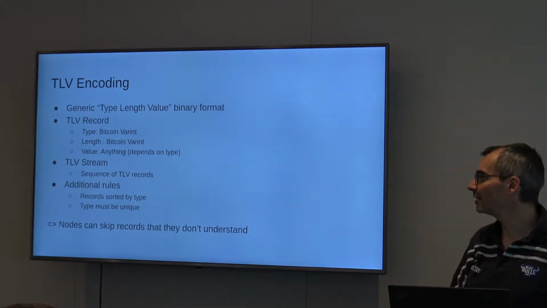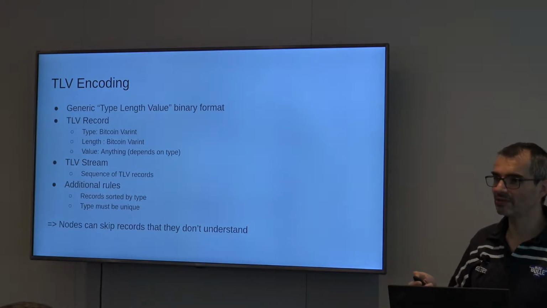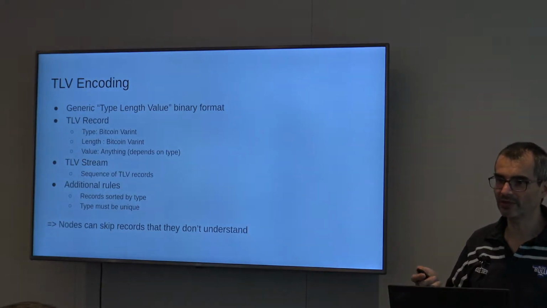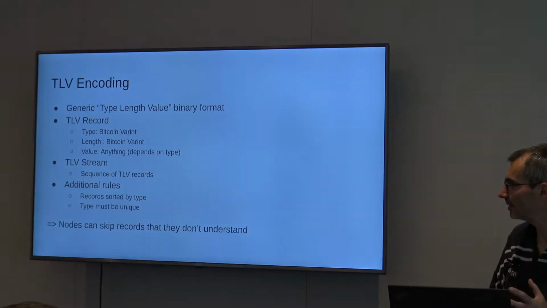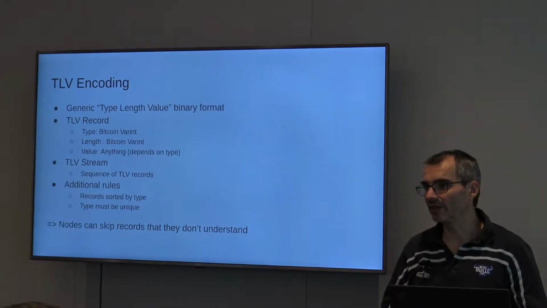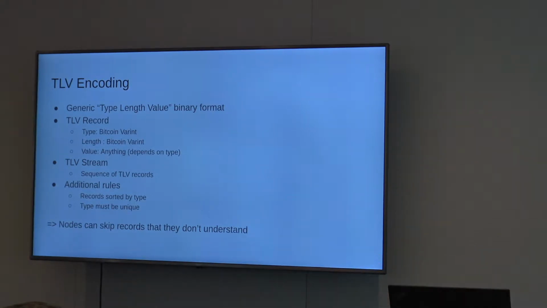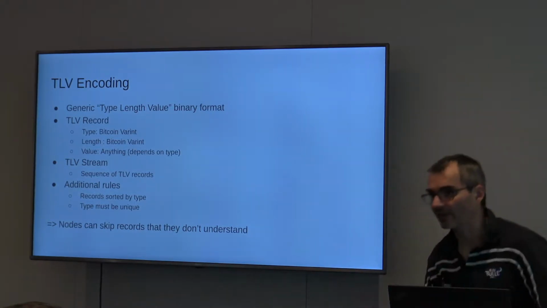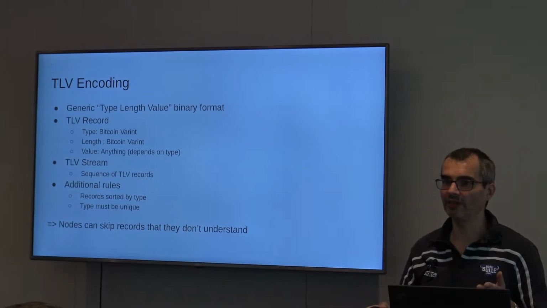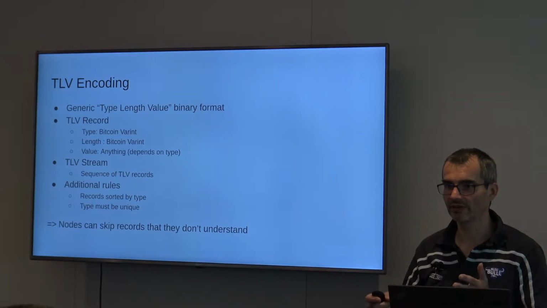In Lightning, we added additional rules, like records are sorted by type, and you can use a specific type only once in a TLV stream. The good thing about TLV encoding is, even if you don't understand a specific field, you can skip it. You can just read its length and skip over the field. It's not possible with the messages we have currently in Lightning, so if you don't know how to decode them, you're stuck.